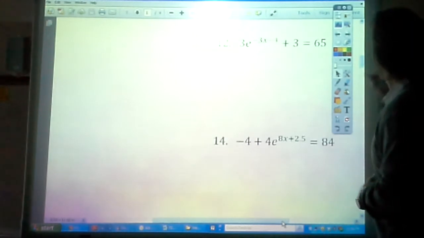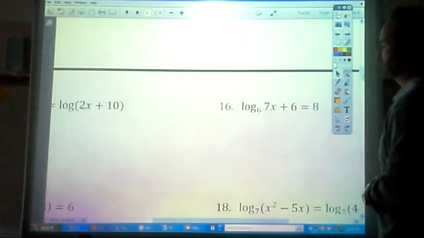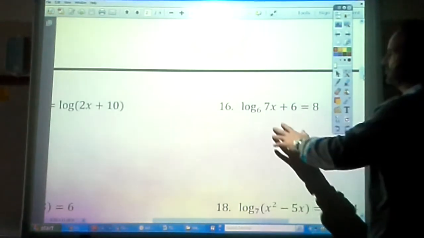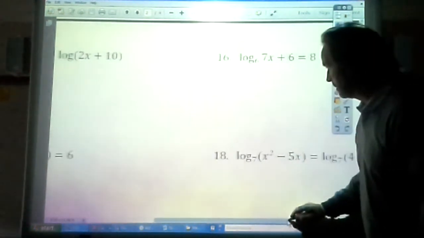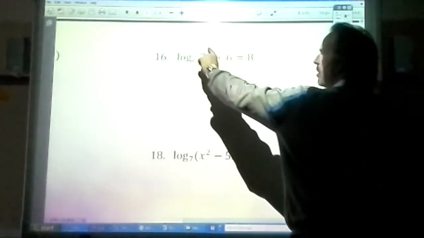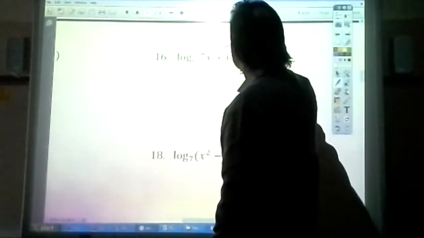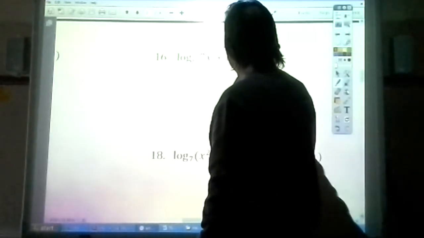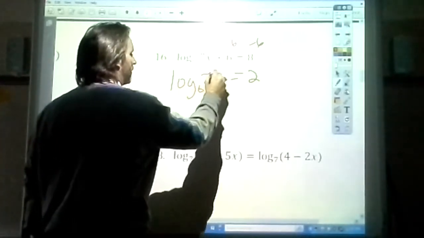Okay? And then we're going to have situations like this where we've got the log on just one side. Alright? In this case, again, I want just this log, get rid of the 6. Minus 6 minus 6, that's 2 equals log base 6 of 7x.